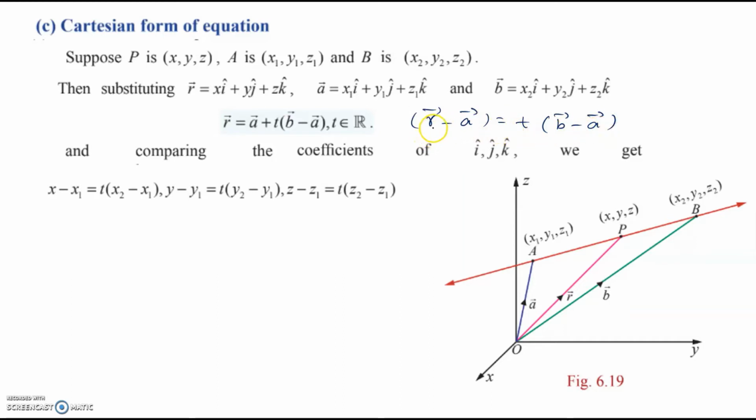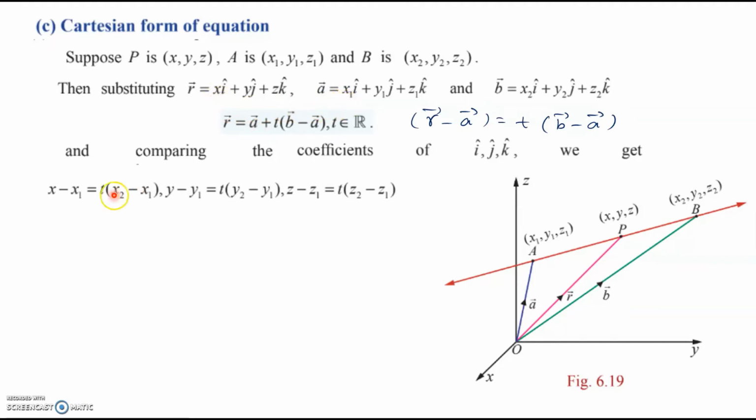Now R vector is x i cap plus y j cap plus z k cap, and A vector is x1 i cap plus y1 j cap plus z1 k cap. So when you say R vector minus A vector, your coefficient of i would be x minus x1.